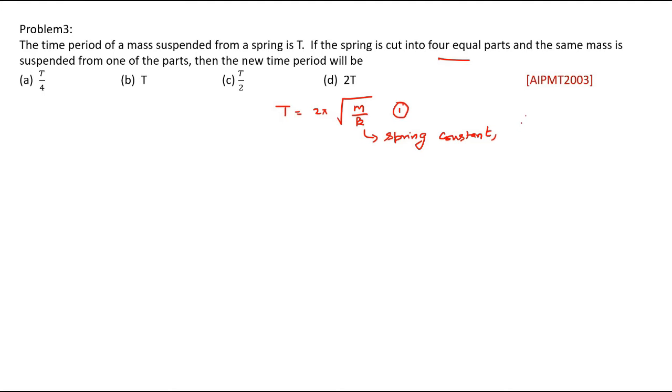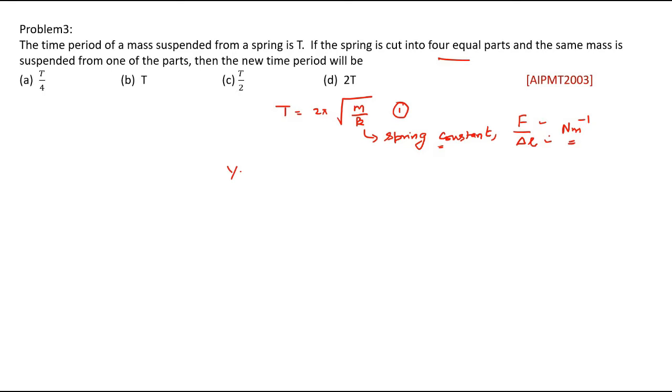Spring constant is defined as force per unit extension, F by delta L. If you apply force F, the extension is delta L; force per unit extension is the spring constant, sometimes called the force constant. So the SI unit is Newton per meter. Now this force constant can be expressed in terms of Young's modulus.